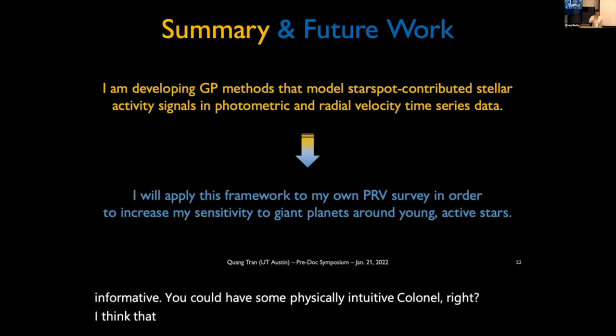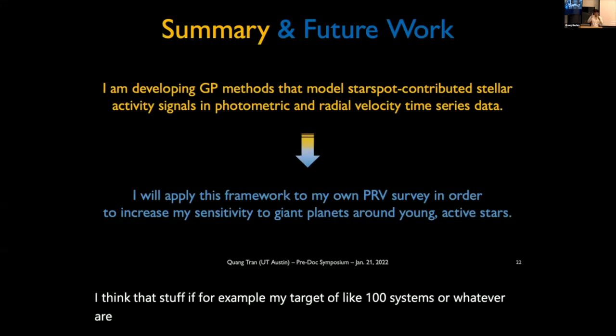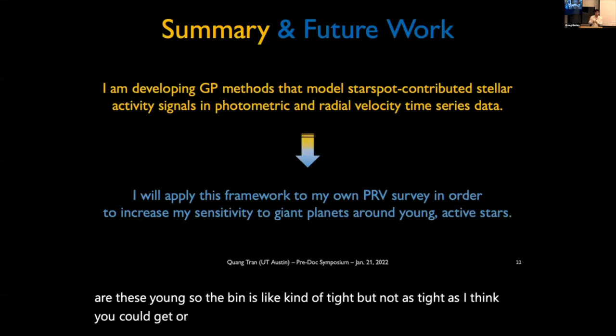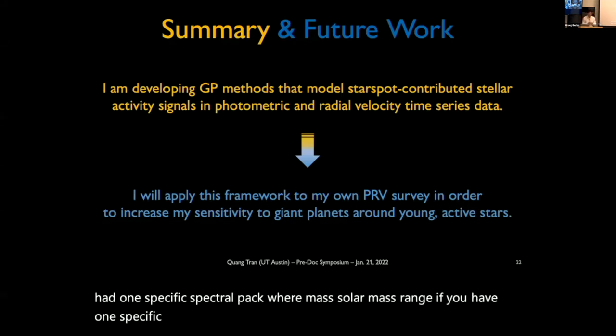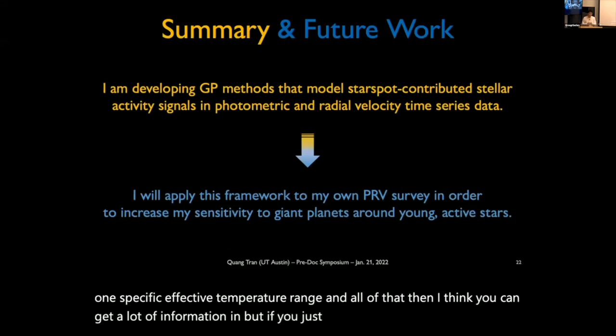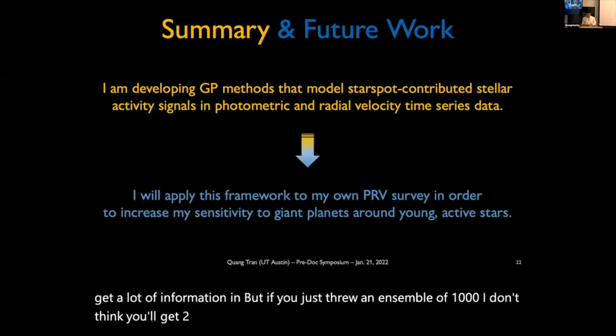For example, if my target of like 100 systems are these young stars, the bin is kind of tight, but not as tight as I think you could or should get when doing this population analysis. If you had one specific spectral type or one solar mass range, one specific effective temperature range and all of that, then I think you can get a lot of information in. But if you just threw in an ensemble of 1,000, I don't think it would be too informative. Thanks.